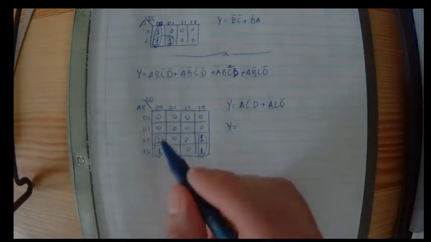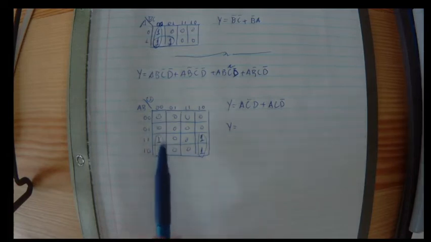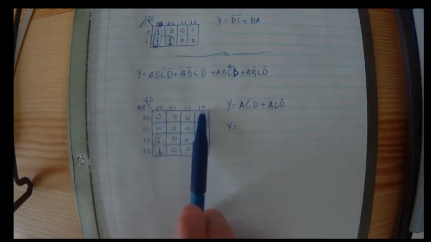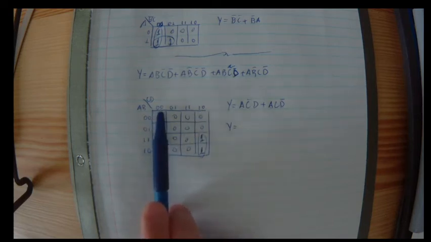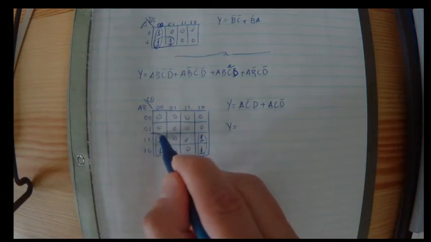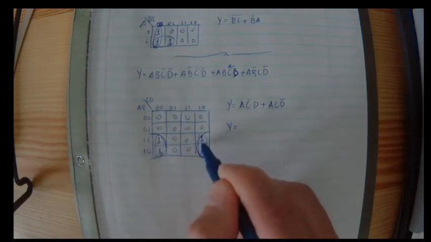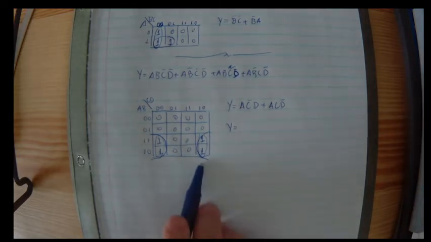So because of this, you can see that this column here is only one change of variables from this. So this one is 0 0 and this one is 1 0. So you actually can go around and group these 4 implicants together.